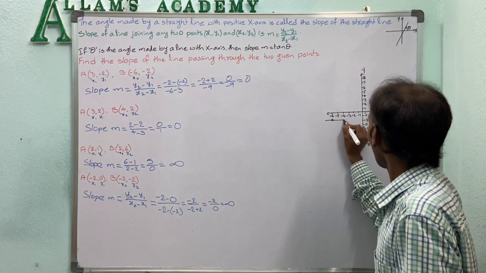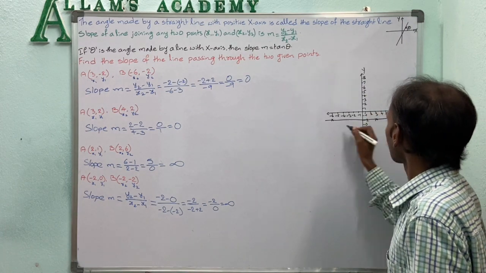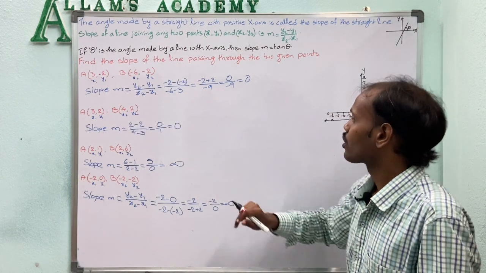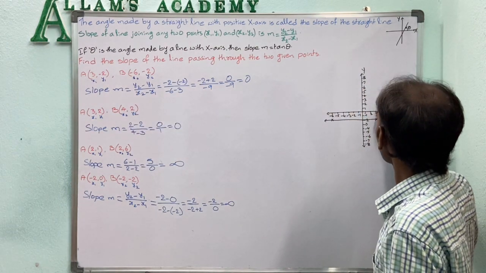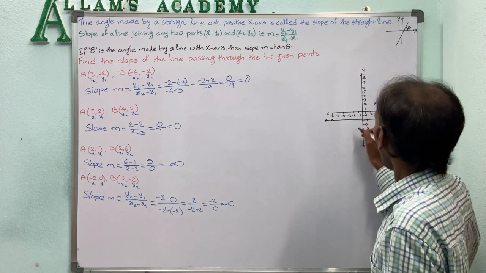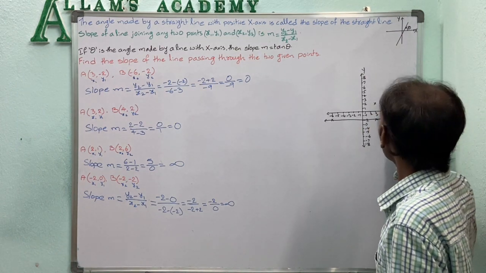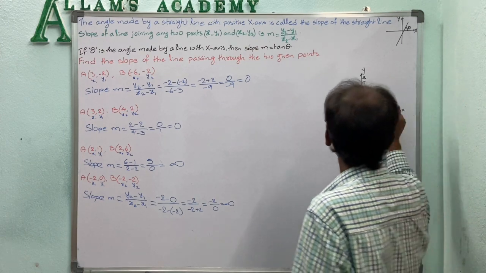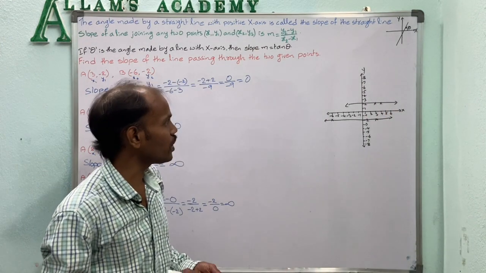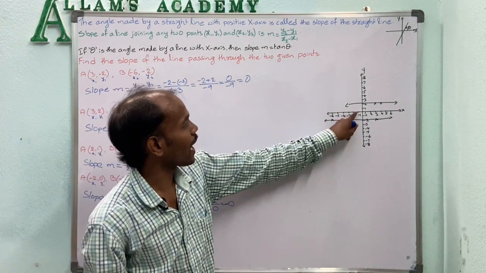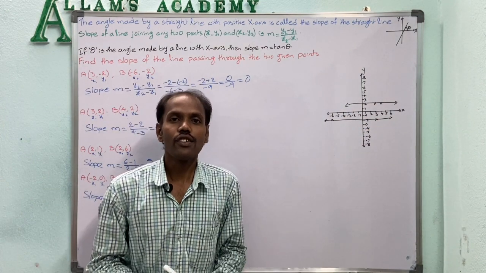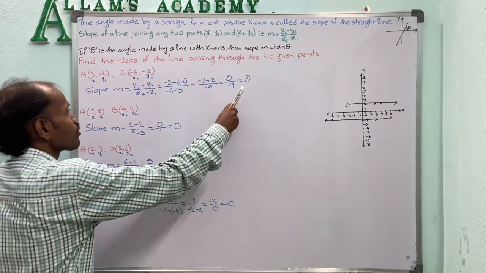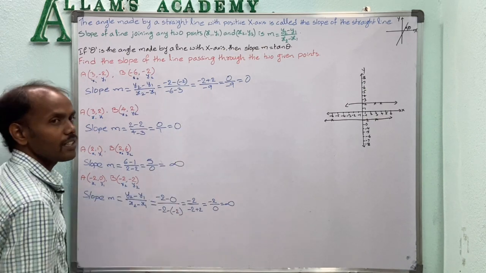Now if we join these points, next 3 comma 2 and 4 comma 2 are the 2 points given. Now joining these points gives a line. Here we observe these 2 lines are parallel to the x axis. So if a line is parallel to the x axis, then its slope is nothing but 0.